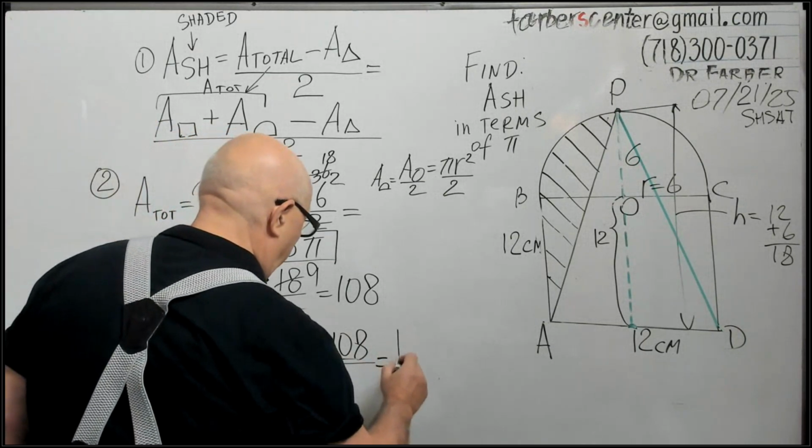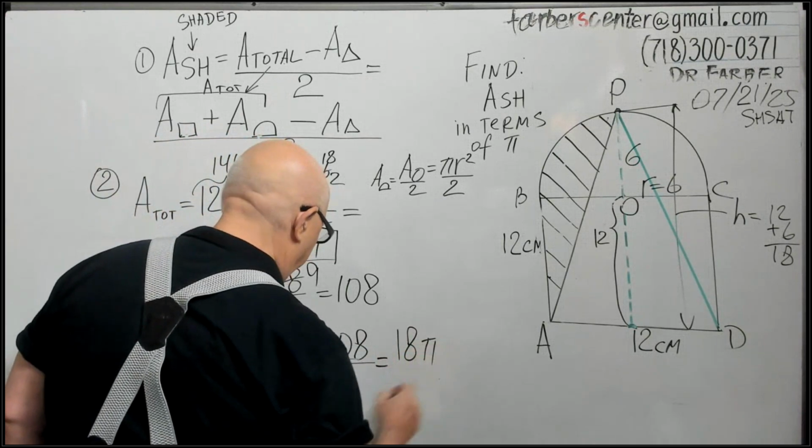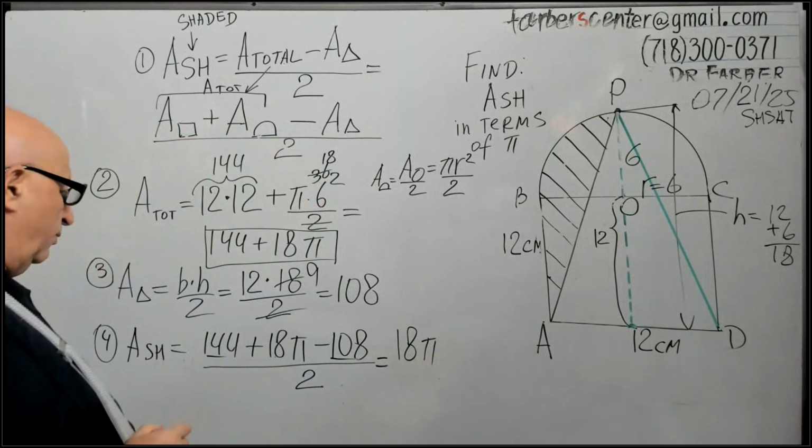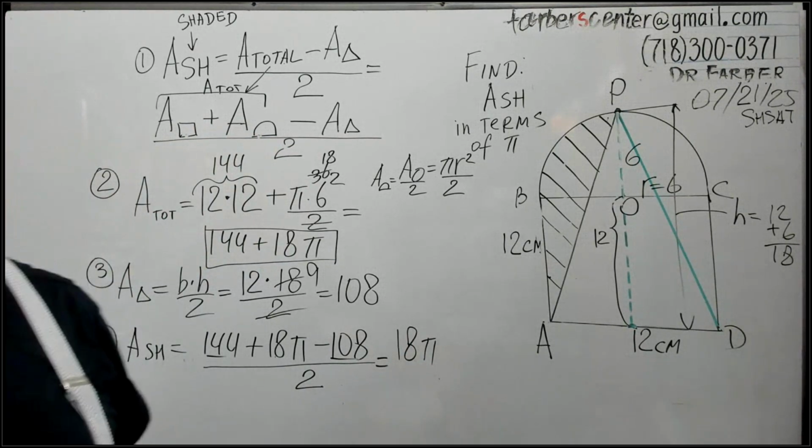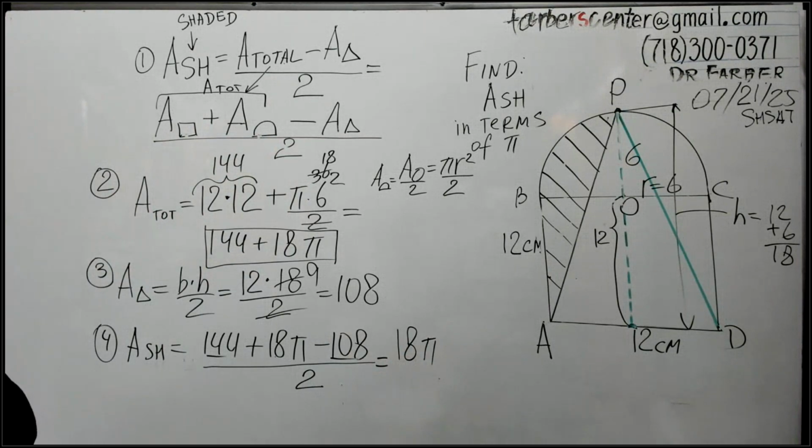You have 18 pi itself, and 144 minus 108, what is it? I believe this is 36, right? Just subtract 144 minus 108. Okay. Good.